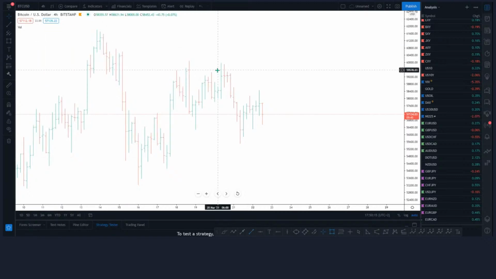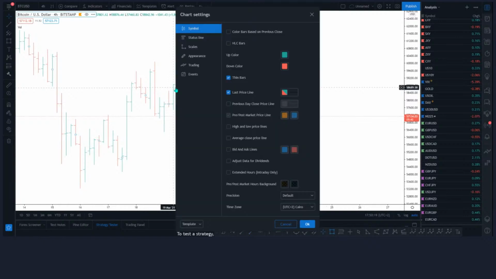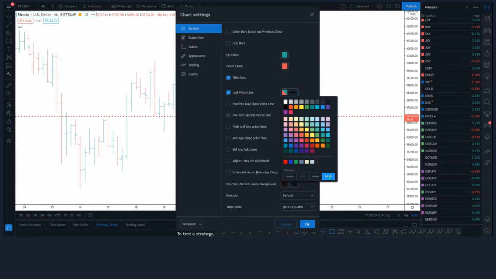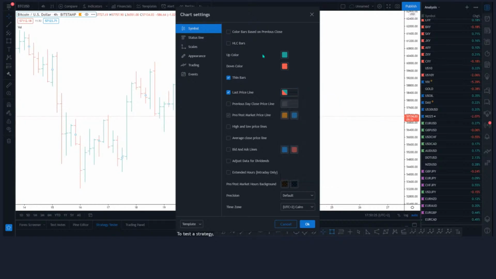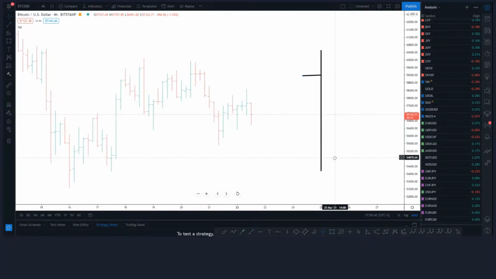Now the second one right here, that's the bar chart. Basically it's the same thing as a candlestick, but it does not have a body. It will be a line like this, and it gives you a tick at the left side that indicates the entry price, and a tick at the right side that indicates the close price.